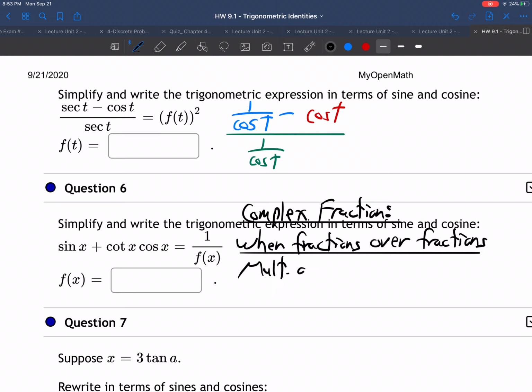Multiply all the terms, top and bottom, by the LCD over 1.